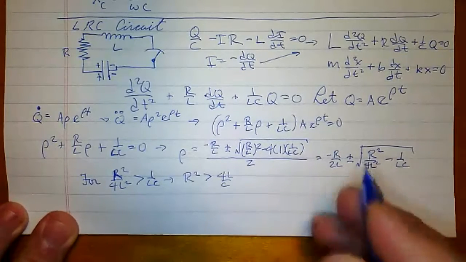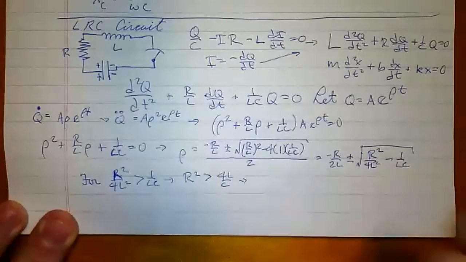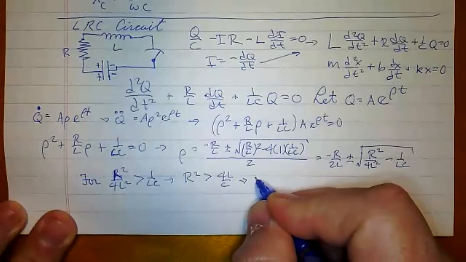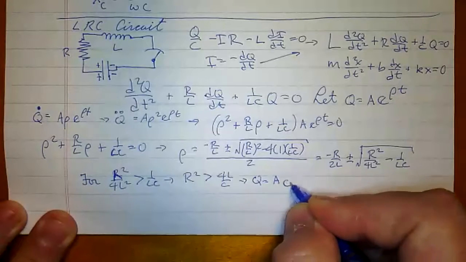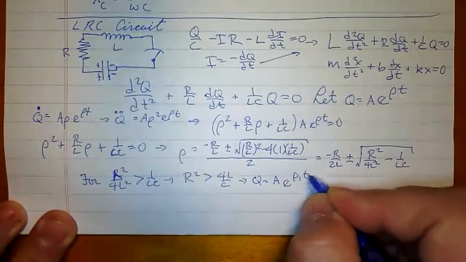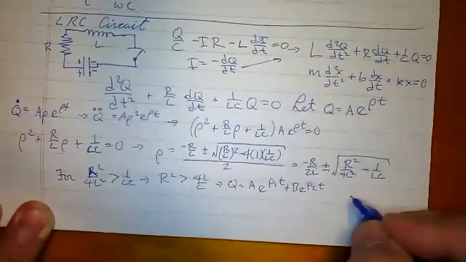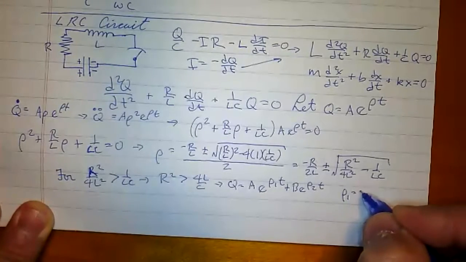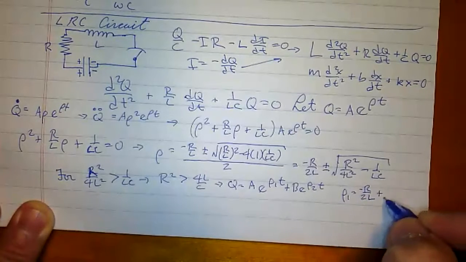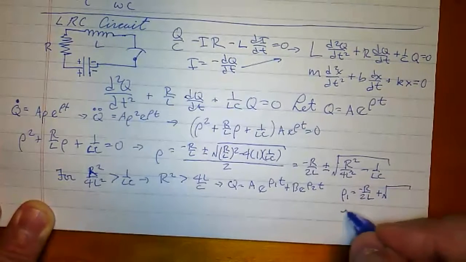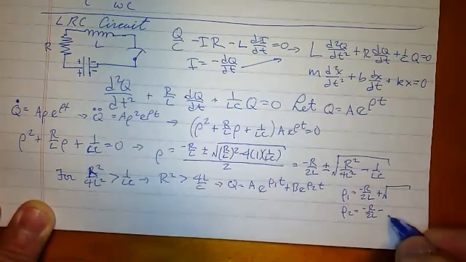In that case, we get Q equal to A e to the rho 1 t plus B e to the rho 2 t, where rho 1 is equal to negative R over 2L plus the square root, and rho 2 is negative R over 2L minus the square root.